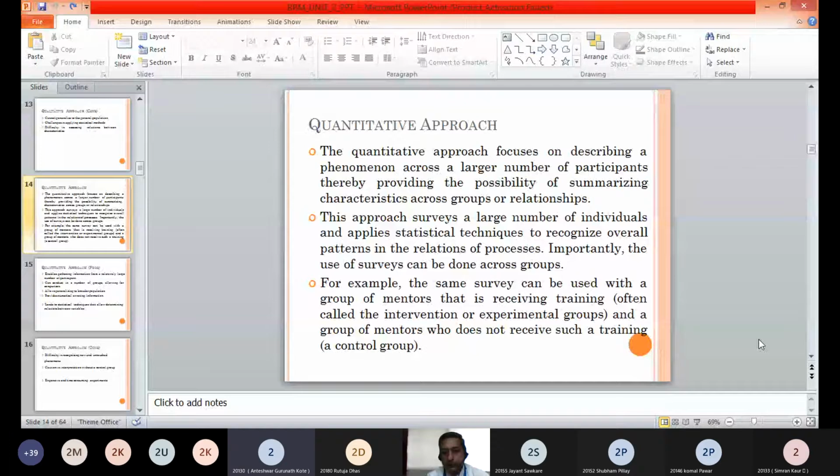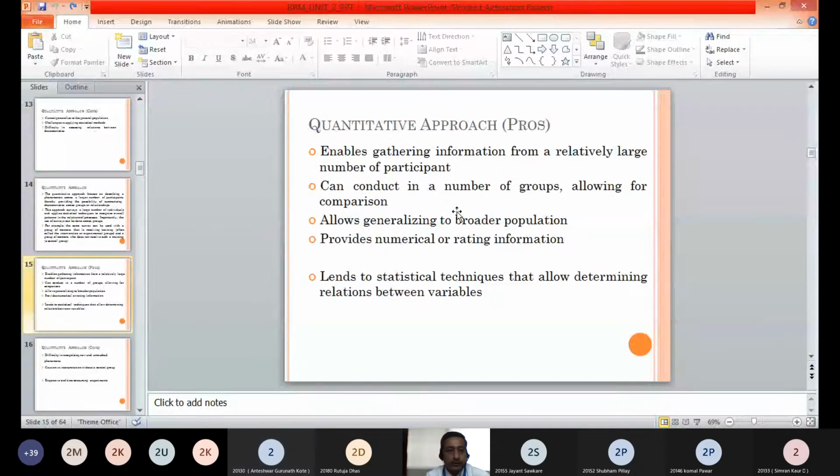Okay. So going ahead, we'll discuss the different pros and cons, that is, advantages and disadvantages of this quantitative approach. The first advantage is that it enables gathering information from a relatively large number of participants. This is the main advantage, that you can take feedback or responses from a large number of participants.